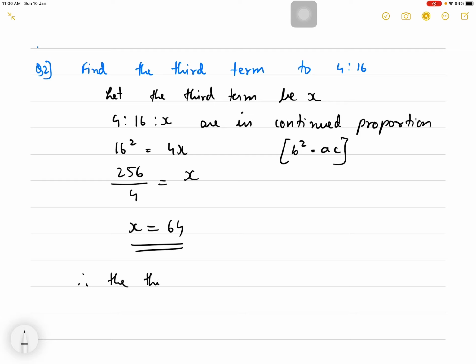Therefore, the third term to 4 is to 16 is 64.